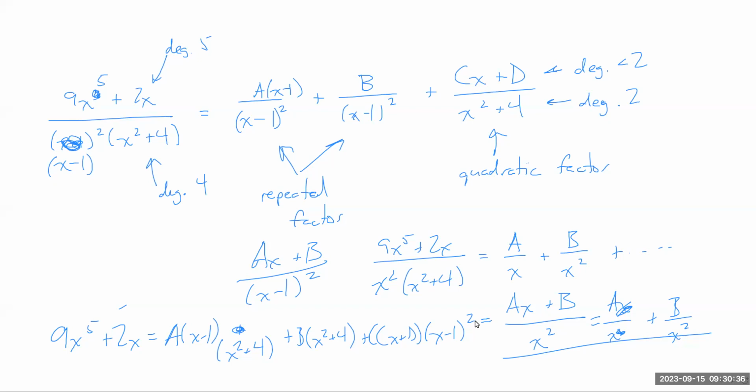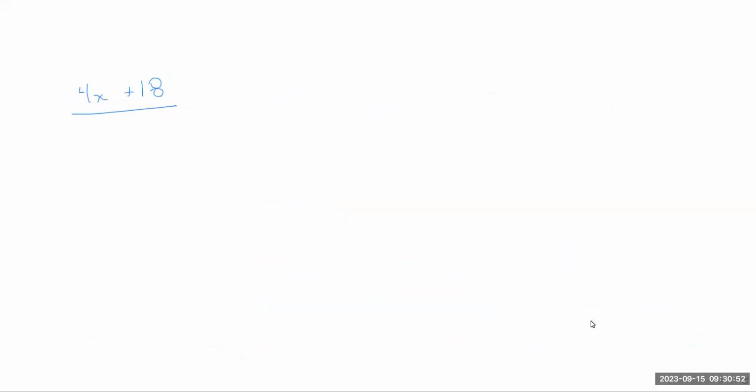All the methods and processes, the way you split up the fractions, the way you decompose, are identical. This is just the worst case. So let's actually complete one that's a little more manageable.